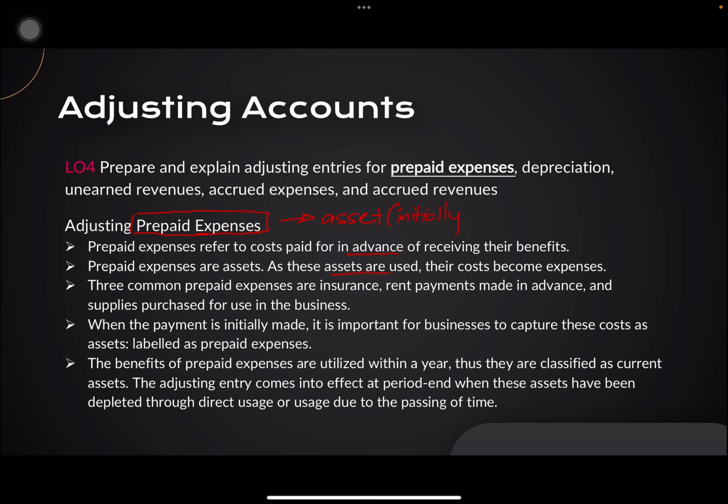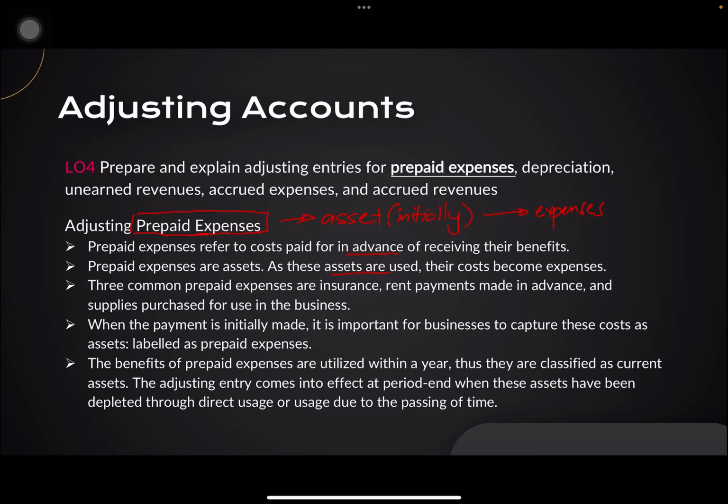But over time, or as you use these assets, this becomes part of your expenses. Of course, you use a portion of your prepaid expenses or the passage of time happens, so you would need to take out the expense portion of your asset, or take out the expired amount on your prepaid expense.